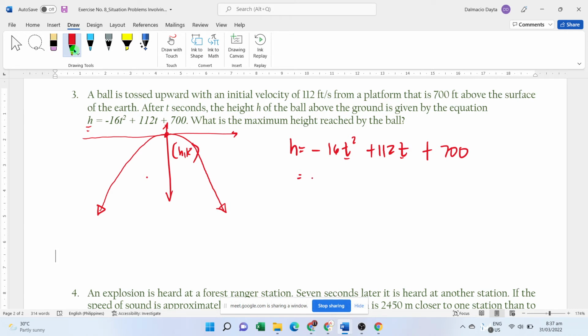What we're going to do is factor out negative 16, then divide 112 by 16, minus 70 equal to 60.